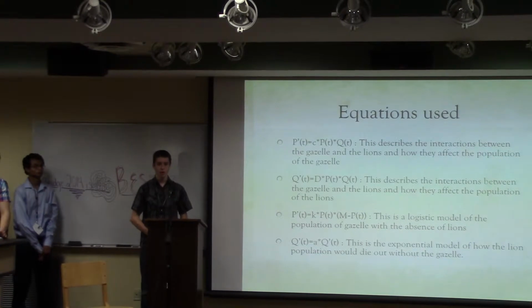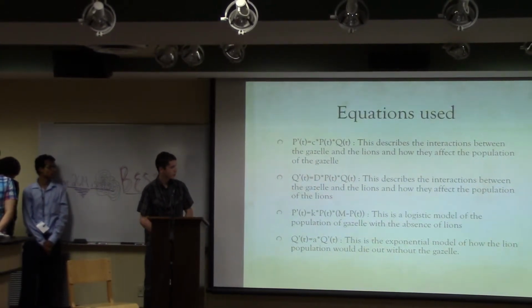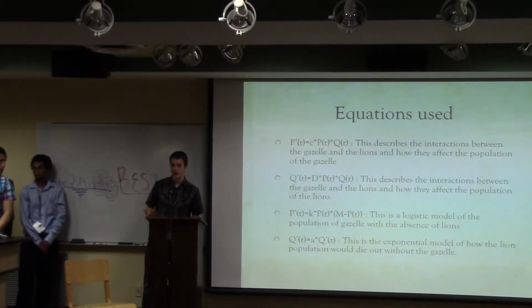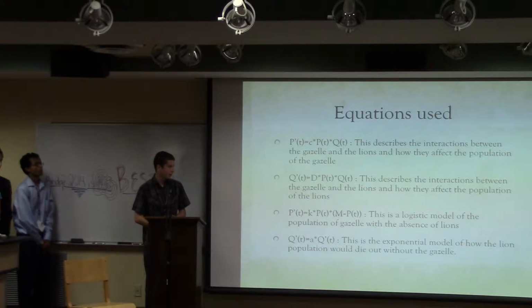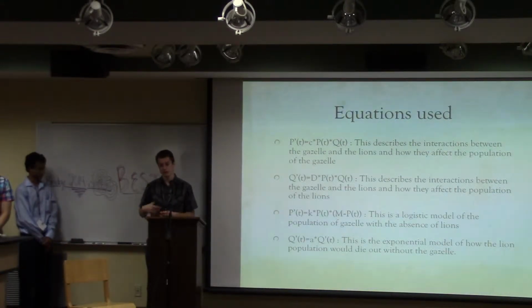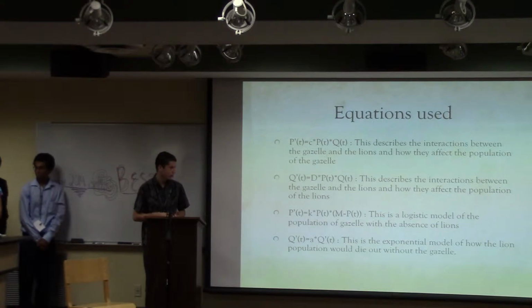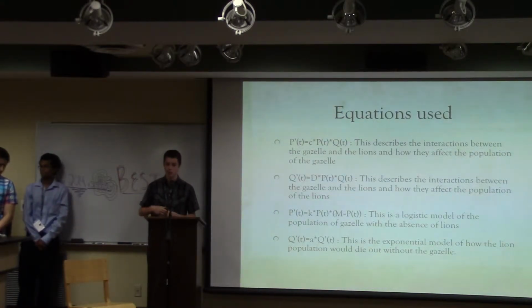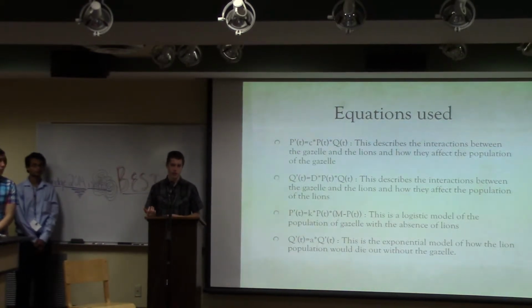So in order to model our system, we used 4 different equations. Our first equation describes the interactions between the gazelle and the lion and how it affects the gazelle population. Our second equation describes the interactions between the gazelle and the lion, but this time it shows how the lion population is affected. Our third equation, P prime of t, is the logistic model of how the prey population would increase or decrease in the absence of lions.